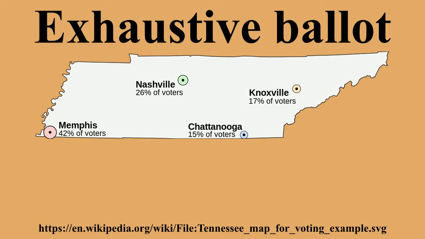This is because a potential spoiler candidate often has only minor support, therefore he will be eliminated early and his supporters will have the opportunity to influence the result of the election by voting for more popular candidates in later rounds. Voters can also counteract the effect of vote splitting by using the compromise tactic.